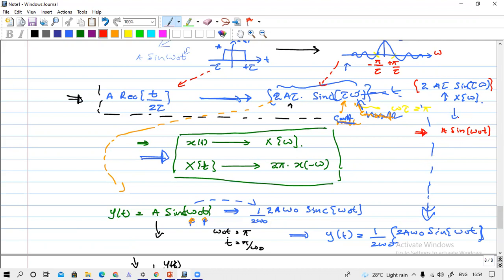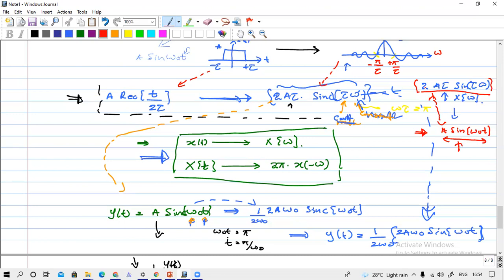To use the duality property, I should have this signal the same as this signal. This signal and this signal should be identical. Understand? So I want to form this signal exactly as this one.